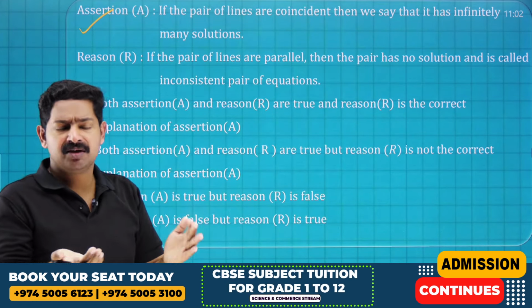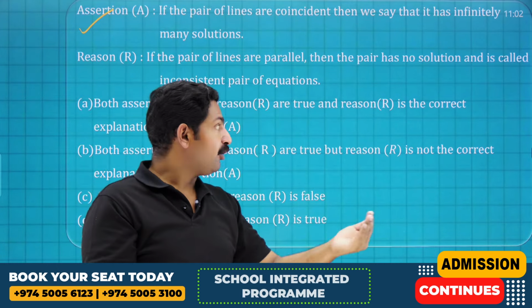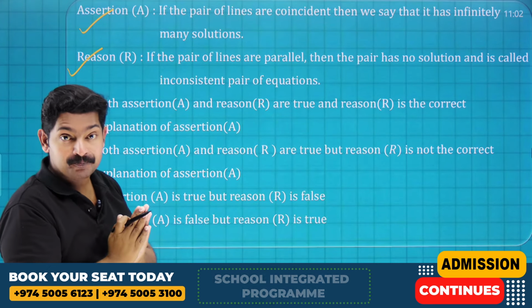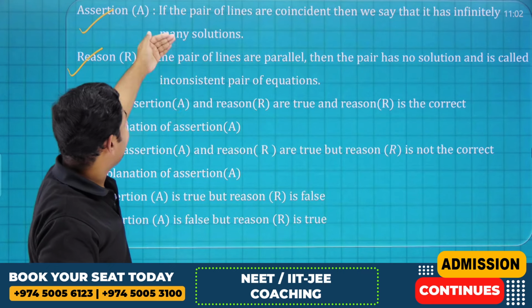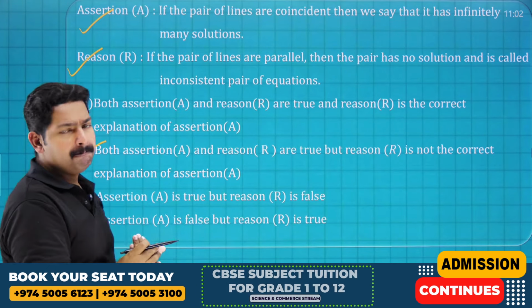That is also correct, right? If the pair of lines are parallel, then it is not intersecting, so there is no solution, and the system is inconsistent. So the reason is also true. Both assertion and reason are true, but it is not the valid reason for the first one, right? So the correct option is B.